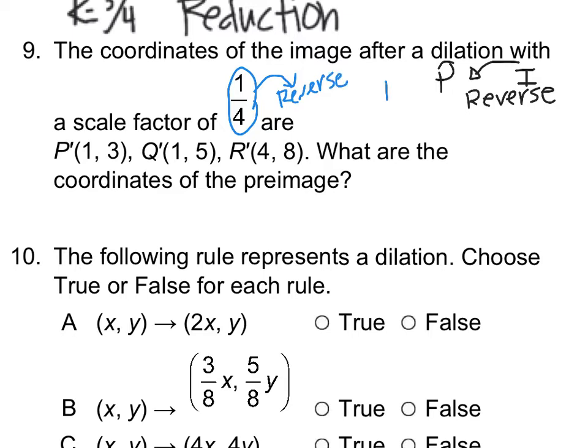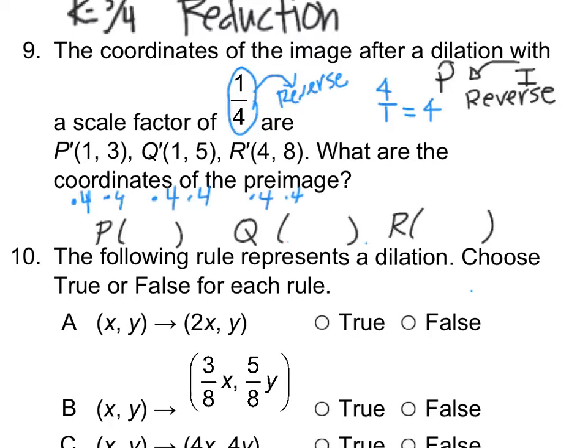So that would mean instead of multiplying by 1/4, we would multiply by 4/1, which would mean we would multiply by 4. So if you multiply each one of these numbers by 4, then we would end up with P at 4, 12, Q at 4, 20, and R at 16, 32.